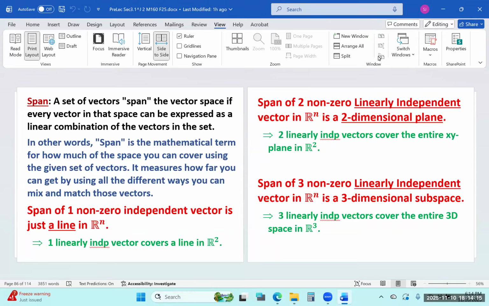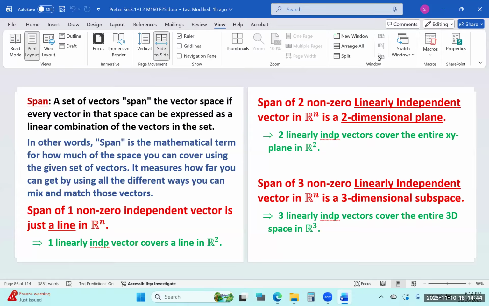So it doesn't matter which dimension you are in, either R2 or R3 or R4, the dimension of your space doesn't matter. If you have only two linearly independent vectors, the amount of space they can cover is a plane, an XY plane. But if you have three linearly independent vectors in 3D space, they can cover the entire 3D space.